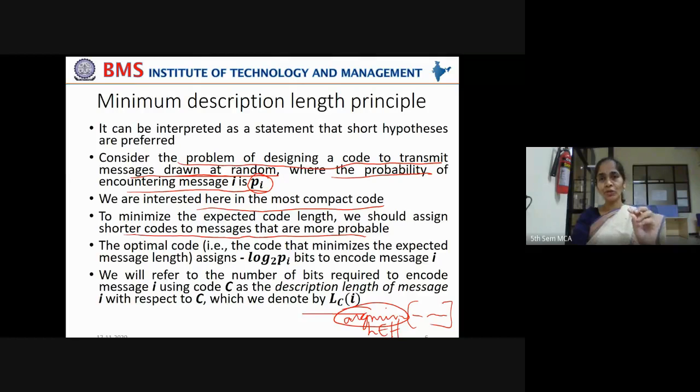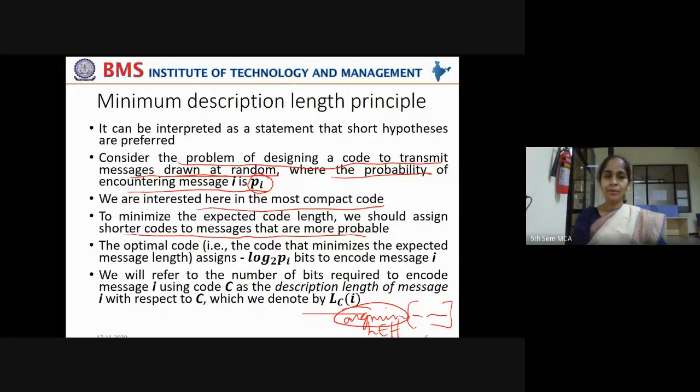When we assign short codes to "start" and "immediately," transmitting them will be easier and cost effective, rather than transmitting longer codes. The most probable words get shorter codes, and other words which rarely occur, you can assign longer codes based on convenience.